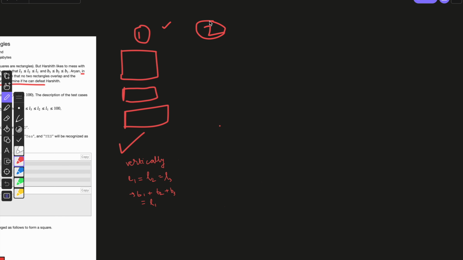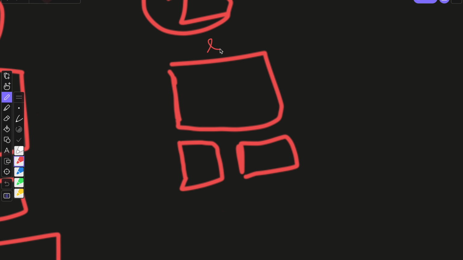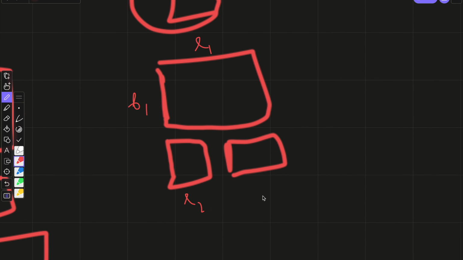The second case would be to arrange the rectangles in a vertical manner only, but the lengths are not equal. So we can arrange them like this. In this case, this would be L1, this would be B1, this would be L2, this would be L3, and this would be B2, and this would be B3.